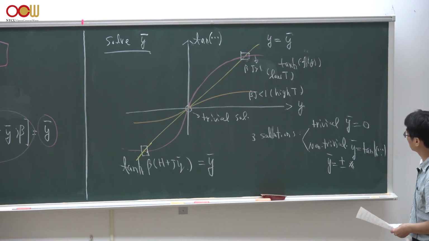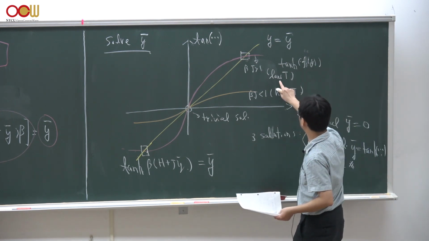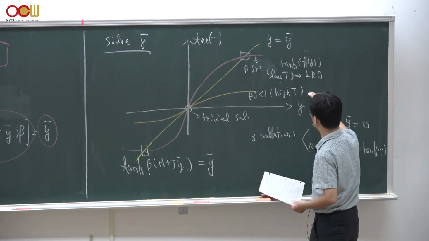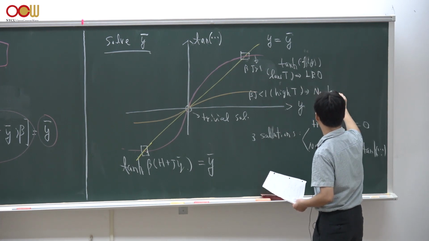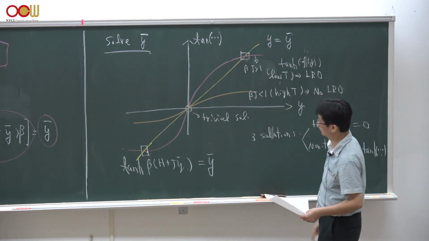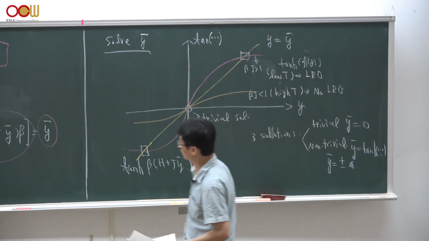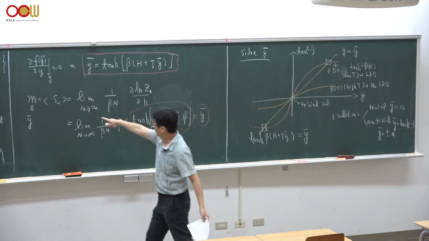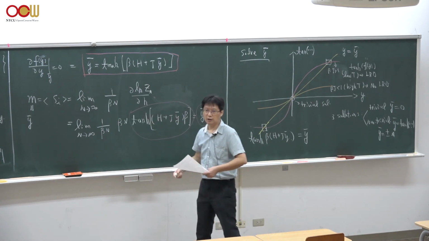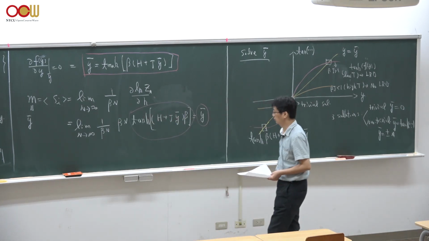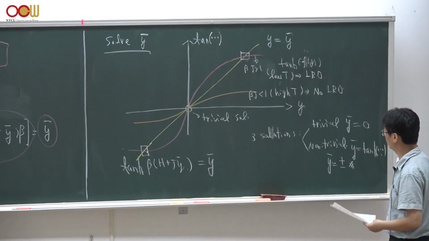Okay, so you get the long range order in the low temperature phase, but in the high temperature phase there's no long range order because y bar vanishes, and when y bar vanishes, you get no expectation value of a single spin after you take the ensemble average. And therefore, you get the phase transition.